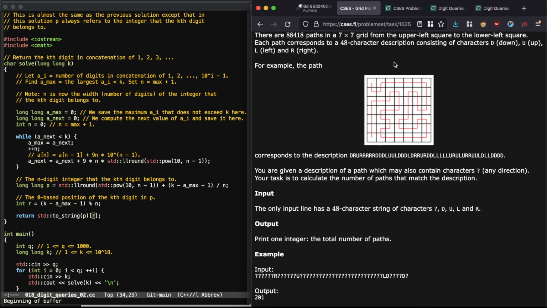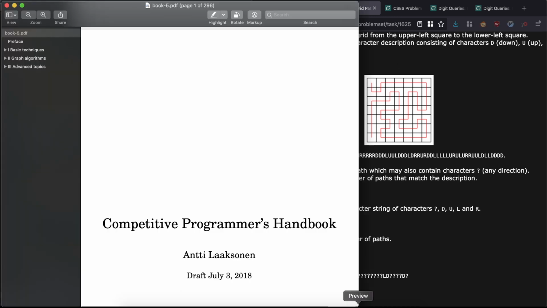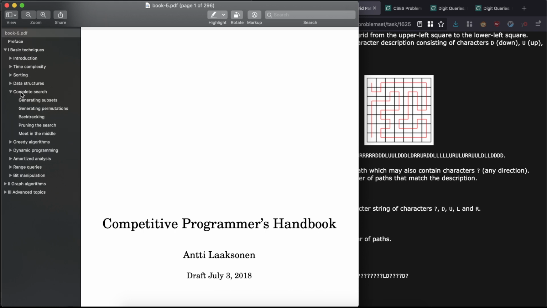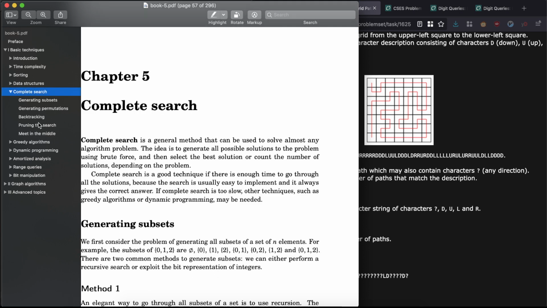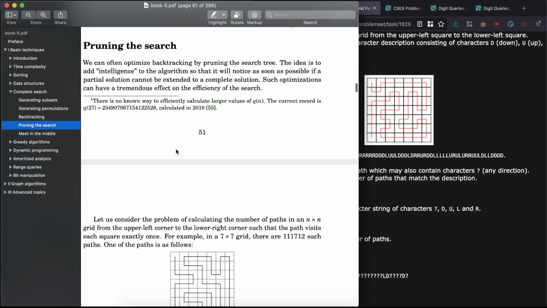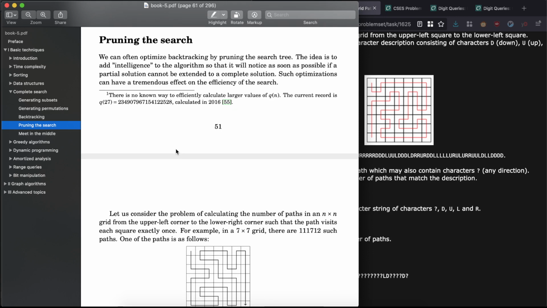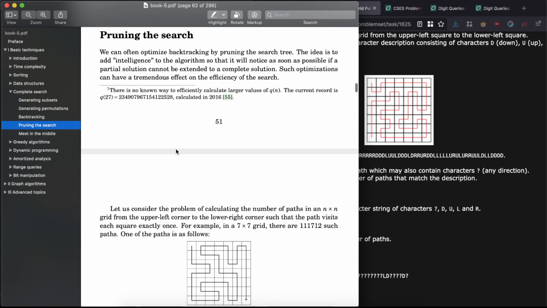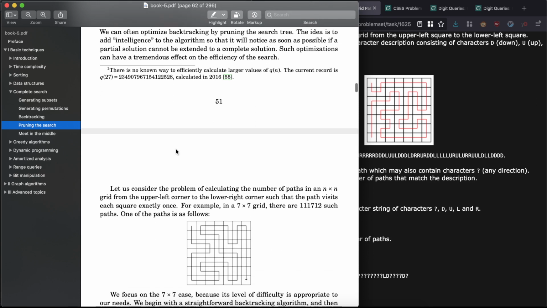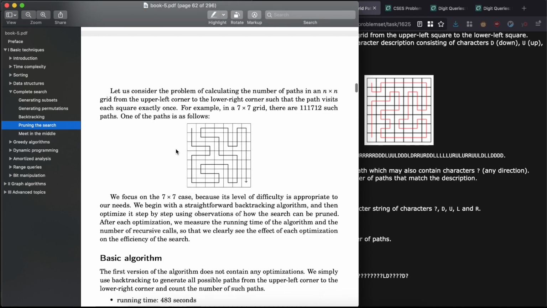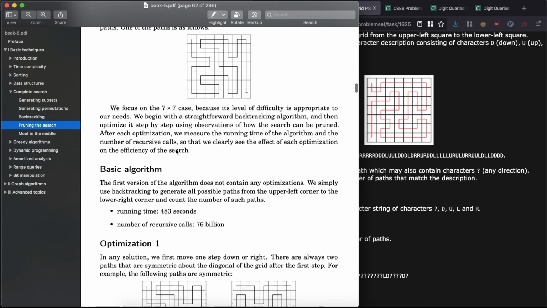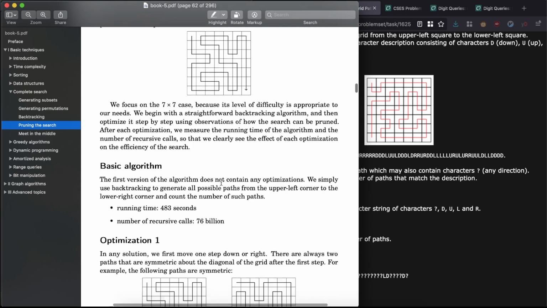The one thing I do want to share is that if you've not seen this problem before, there's a very nice section here. Part 1, chapter 5, pruning the search. I will be going through these few pages tomorrow, but if you read this in advance, I think this problem would make a lot of sense.